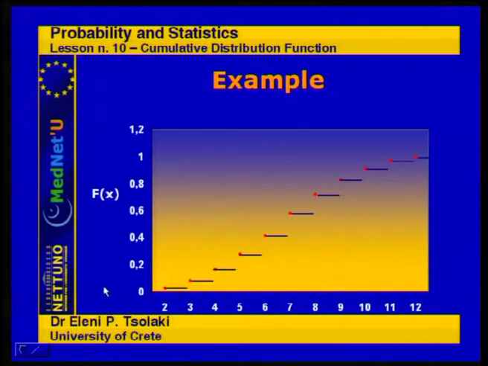It remains this value up to point 3, but not including point 3. At exactly point 3, it makes a step, which is why it's called a step function, and goes up to this value. It remains this value up to point 4, but not including point 4, and makes a step and goes up.